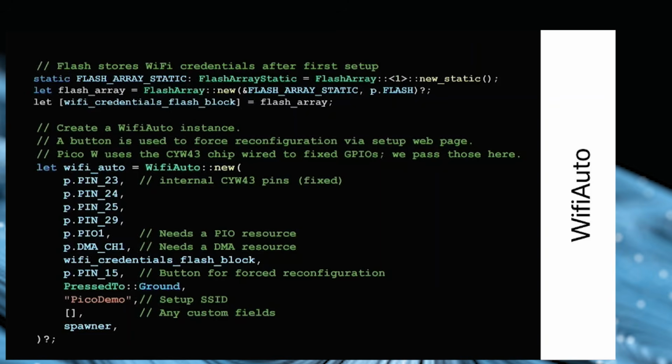Then you create a Wi-Fi auto new. You give it these pins that are fixed in the Pico 2W for running Wi-Fi. You could give it a PIO resource, a DMA resource, those flash credentials. You tell it where your reset button is and which way you've wired it. You tell it the name of the local SSID.